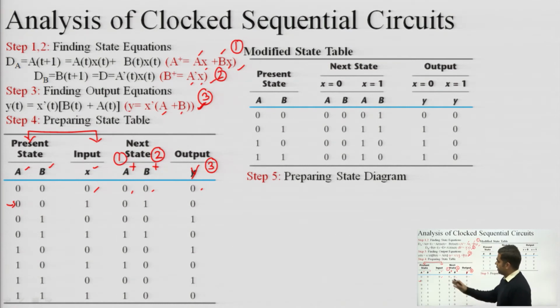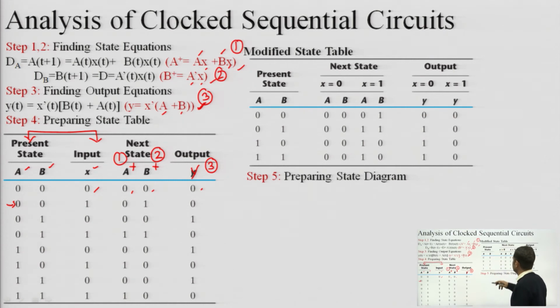So we have to feed these values in equations 1, 2 and 3 and find the values, and this will provide me the state table for this circuit. So once this state table has been prepared using these values, we have to check that we can modify this state table slightly, although we can proceed further without modifying the table.